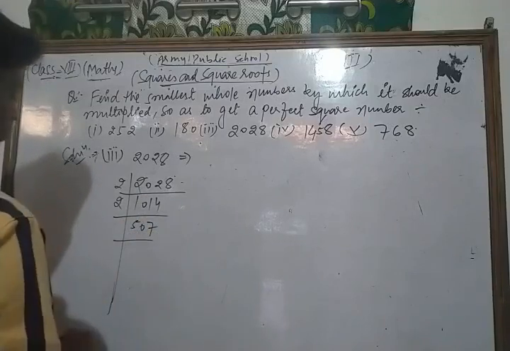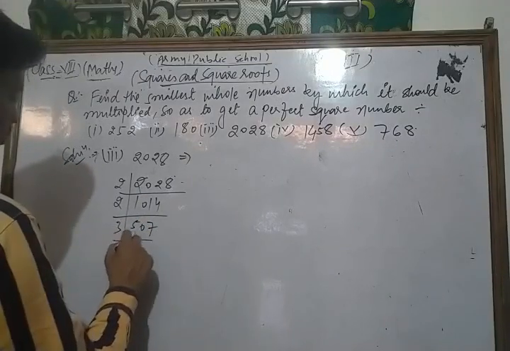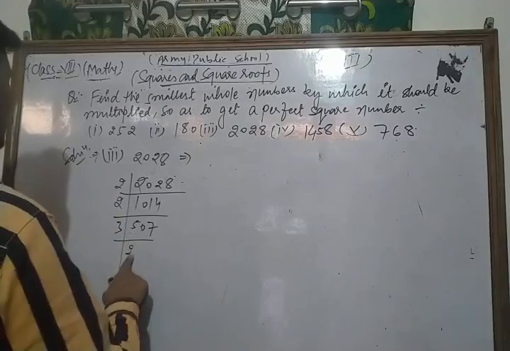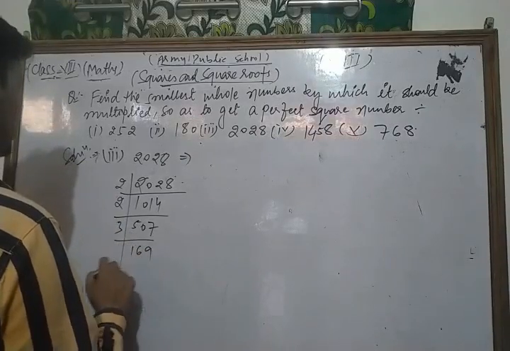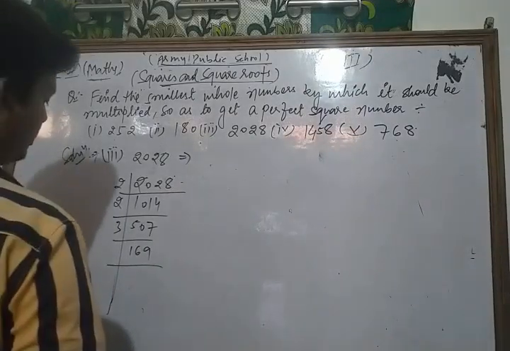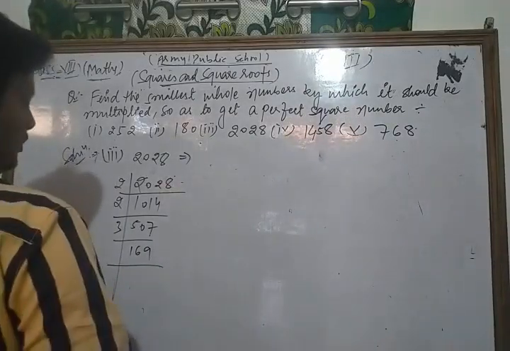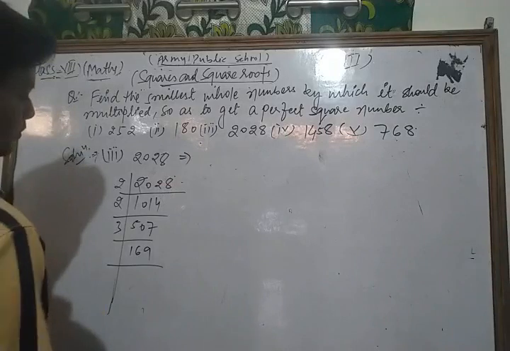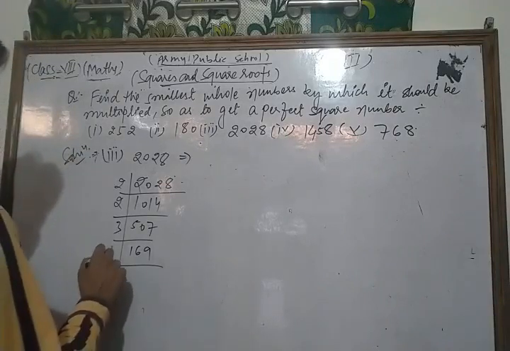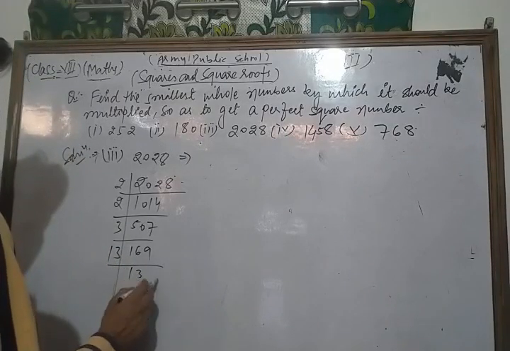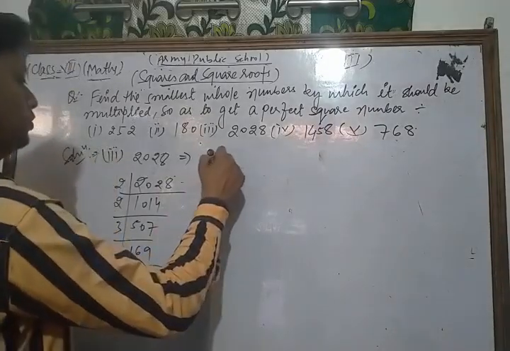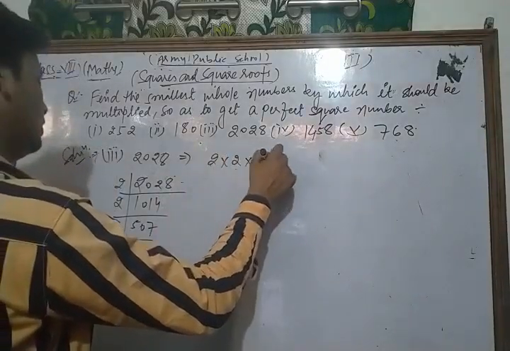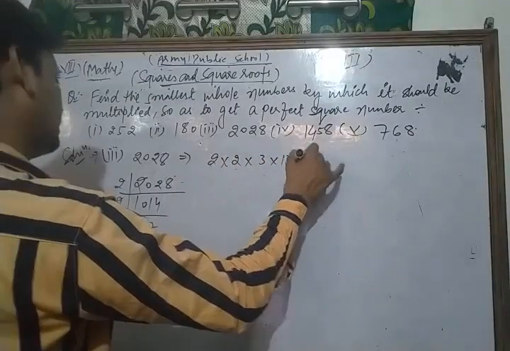Now again 3, sorry, 3 ones are 3. Now 169, by 13. 13 13s are 169 and 13 ones are 13. Thus we get 2 into 2 into 3 into 13 into 13.